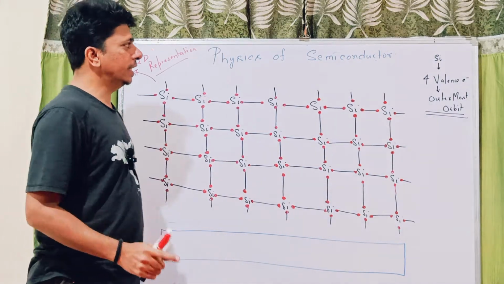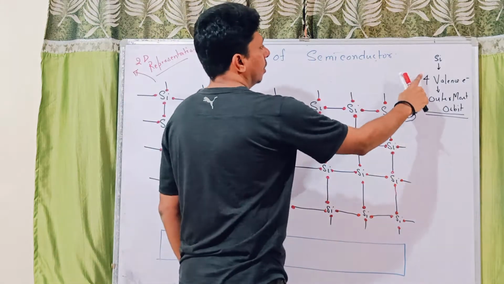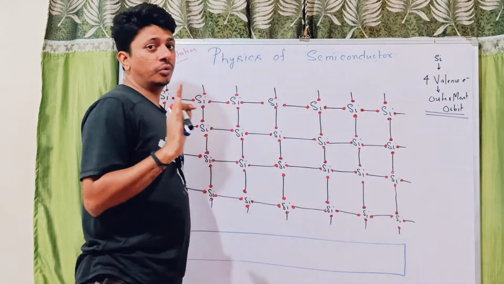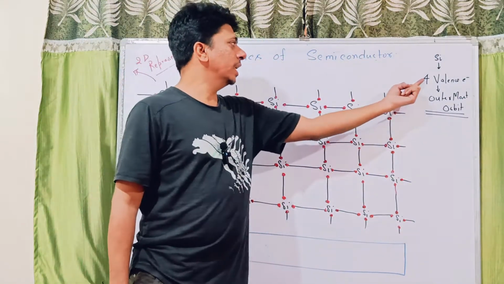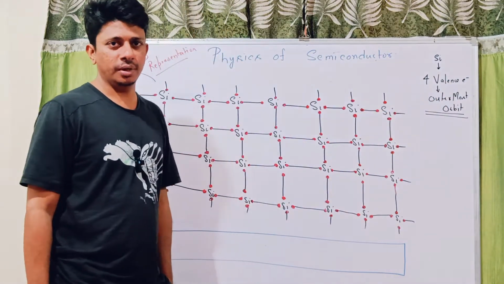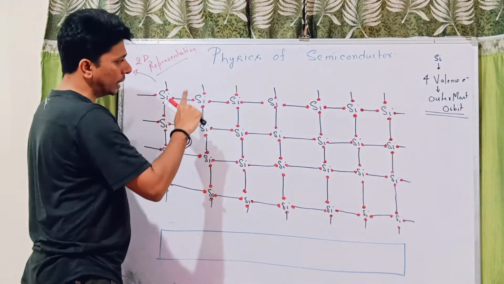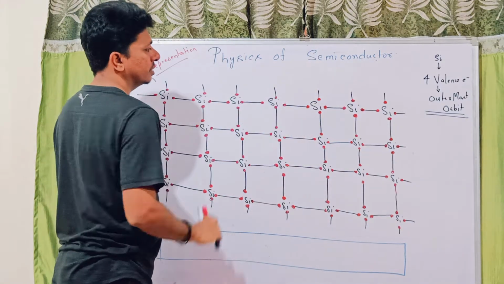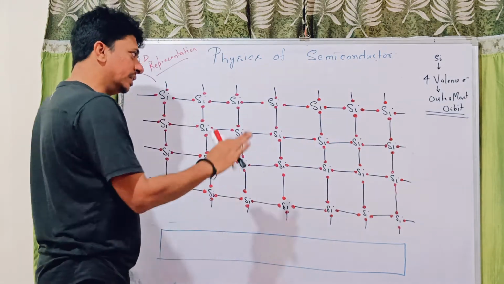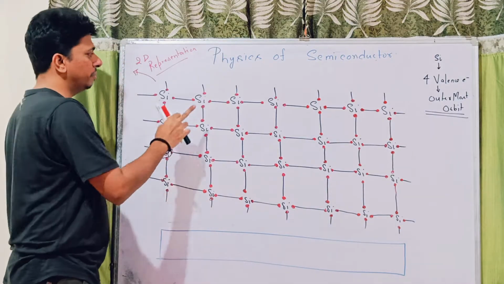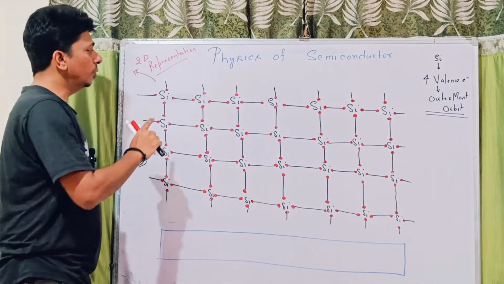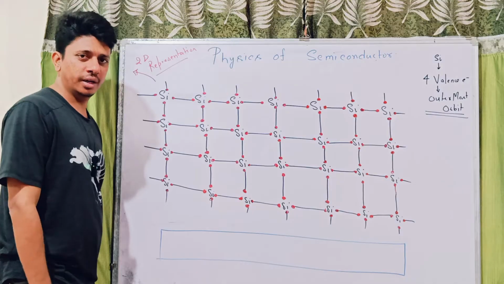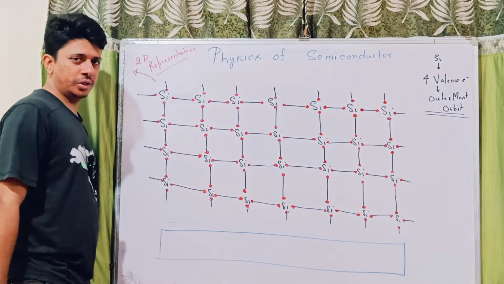In silicon, or any semiconductor which is a group 4 element, 4 valence electrons are in the outermost orbit. The 4 outermost electrons are marked in red, and these outermost electrons make a covalent bond with the neighboring silicon atoms as shown in the picture.